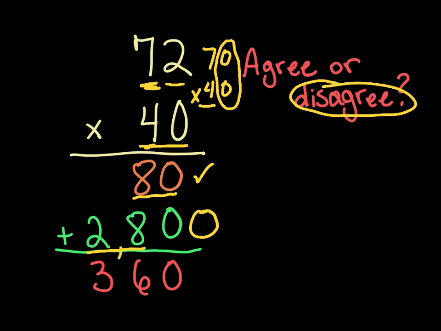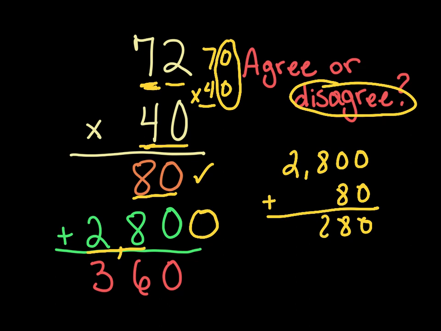So if you had to line these up correctly, it would be 2,800 plus 80, and we would get 2,880. Got to be careful with that. A lot of times students get that confused. They forget that this is really a 70 and not a 7.